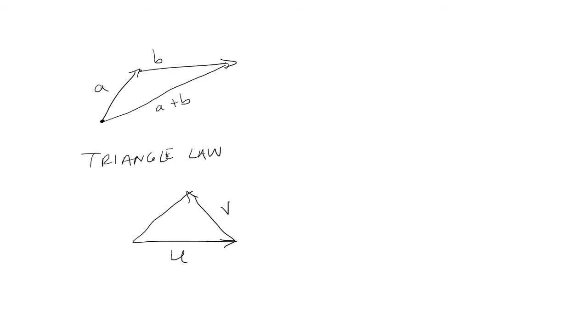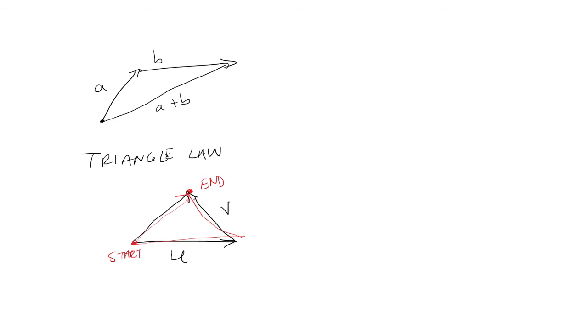Just think of this as connect the initial with the final. This was your starting point right here, and you want to connect it to the end. When u, v, the end was here. So you want to go towards the end there. You started here, you drew v, you stopped and said, okay, what is u plus v? Well, connect the start and the finish.